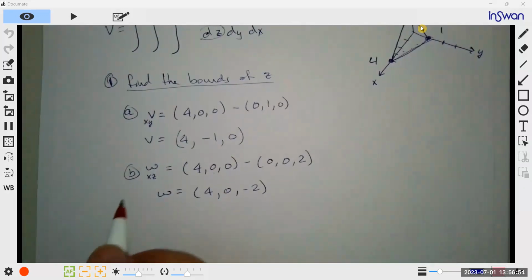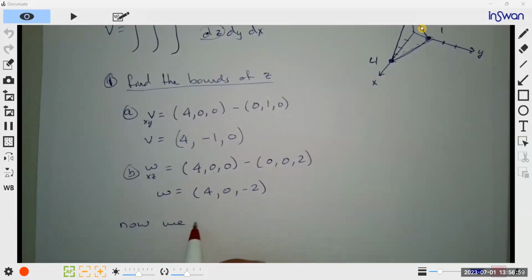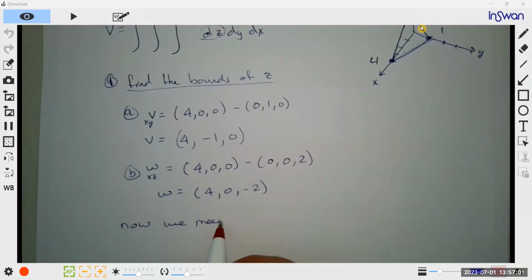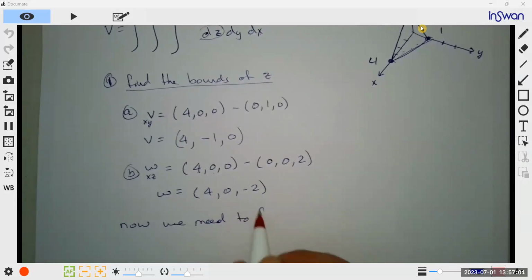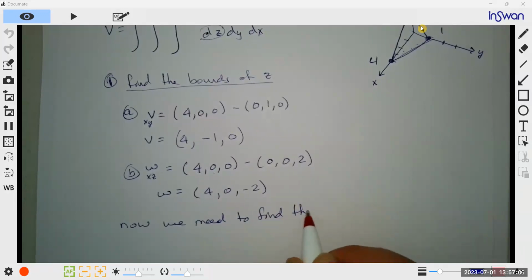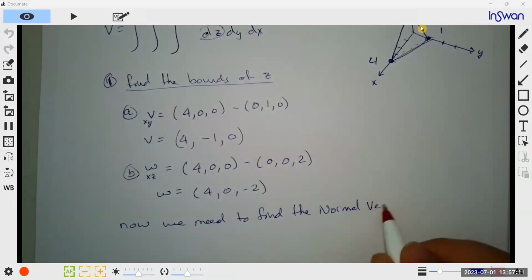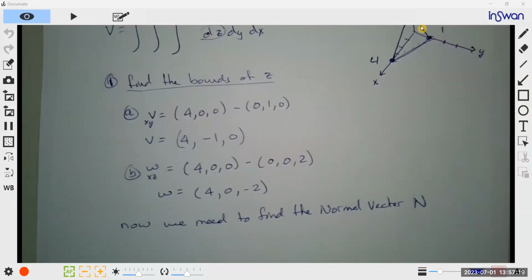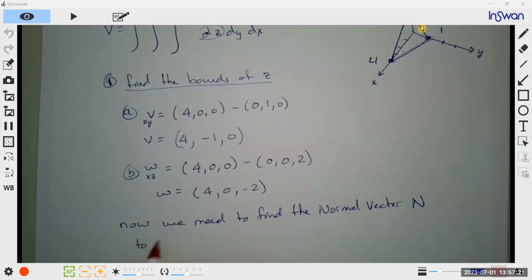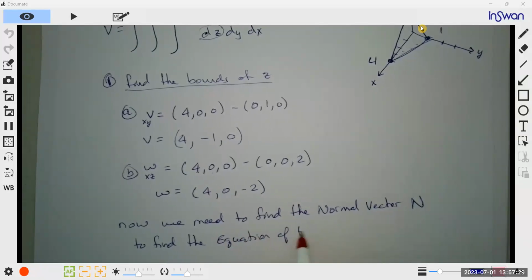Now we have to find our normal vector to it. We'll call it n. Because we need this to find the equation of the plane.